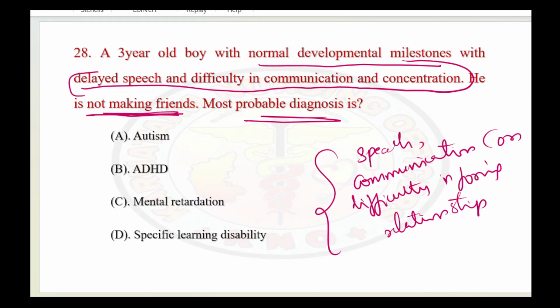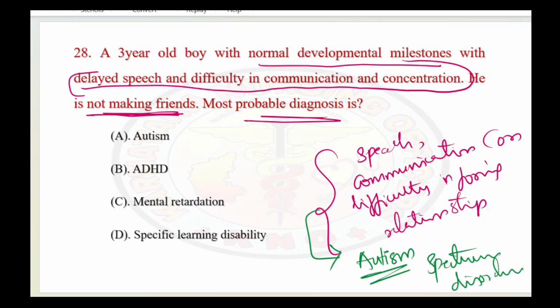this leads to a condition called autism or autistic spectrum disorder. But here they have clearly told you he doesn't have proper speech, proper communication, or proper concentration, and he is not even making friends.